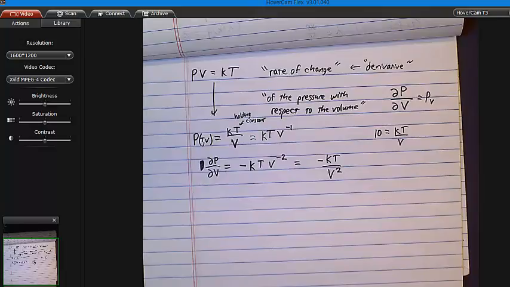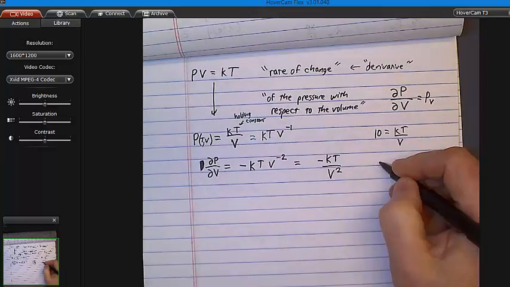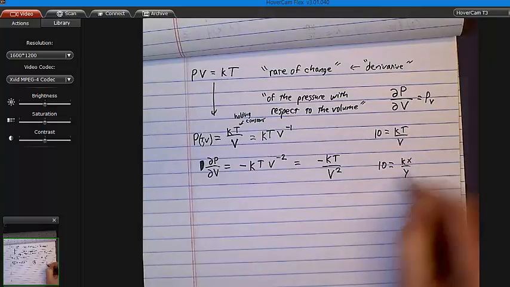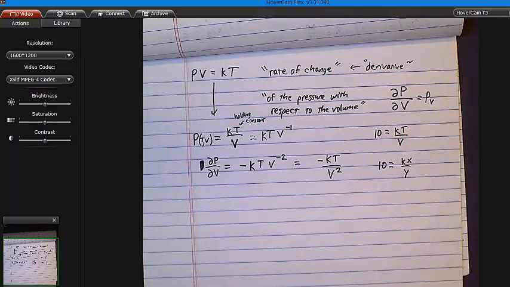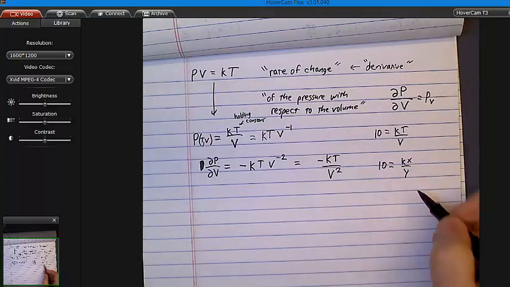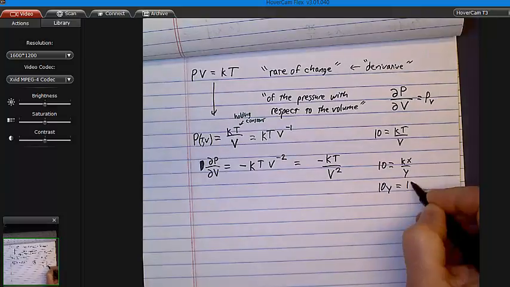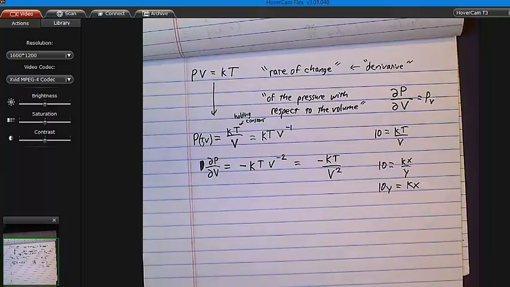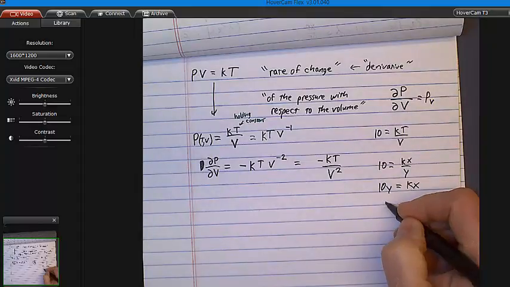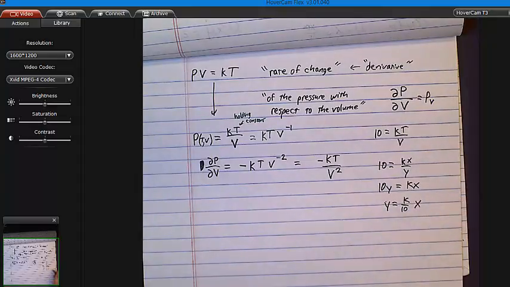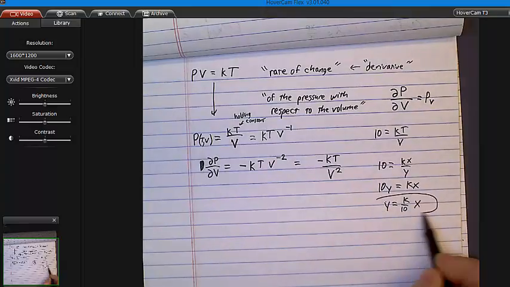I don't know. Would it help if instead of using T and V, I used X and Y? Probably would. So if I did that, then I could multiply both sides by Y, and I could say 10 times Y equals K times X. And now I could say that Y is equal to K over 10 X. Hey, what shape is that level curve?